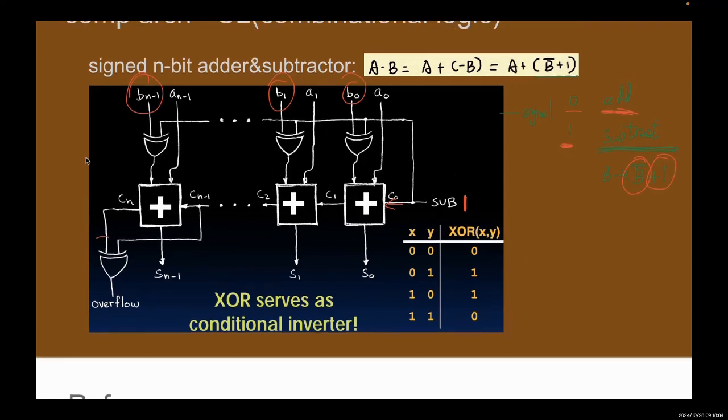And this is the overflow tag we just introduced, Cn XOR Cn minus 1. So we put it into a black box. Then it's an adder. What does the black box look like? Here are the An to A0, here are the Bn to B0, here is the sub signal, here is the output, and here is the overflow tag.